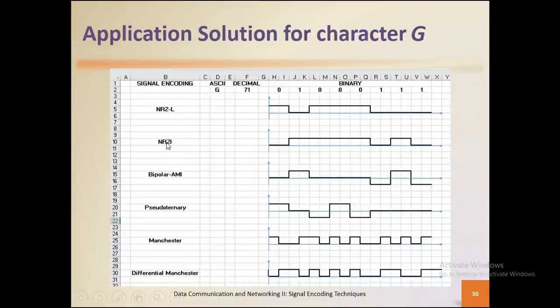For the non-return to zero inverted, you'd have 0 having a level voltage pulse, as you would expect, indicating no voltage presence.